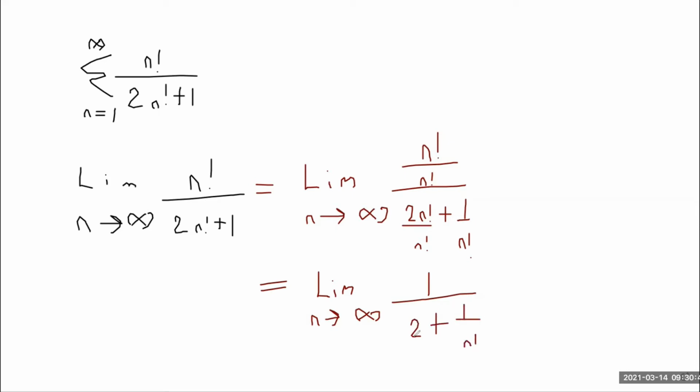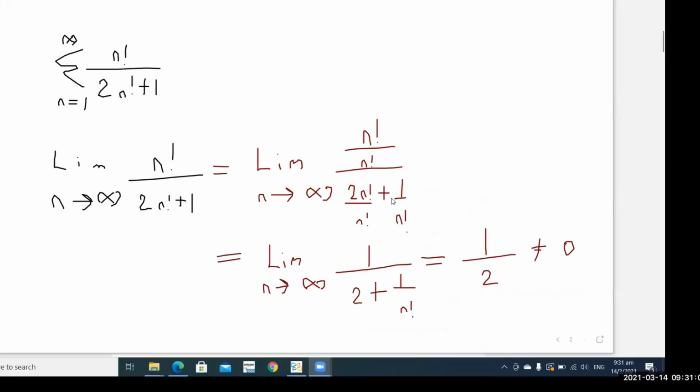Plugging in n as infinity, we get 1 over 2 plus 1 over n factorial, which is 0, so we get 1 over 2. But 1 over 2 is not equal to 0, and so this diverges. So this one right here diverges.